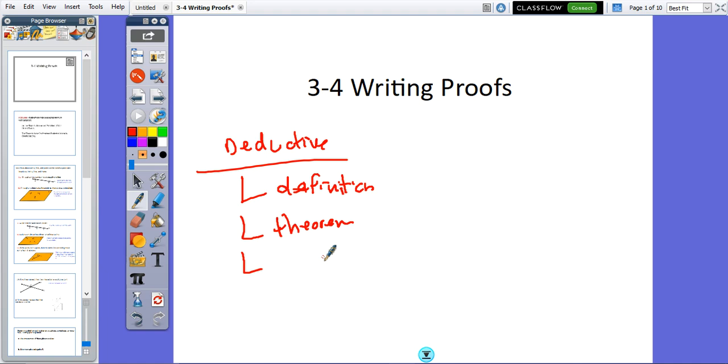What was the other thing? Definitions, theorems, postulates. And what was the last thing? Terms. Undefined terms, or just terms in general. Certain terms. All right, so today we're going to look at the postulate side of this.